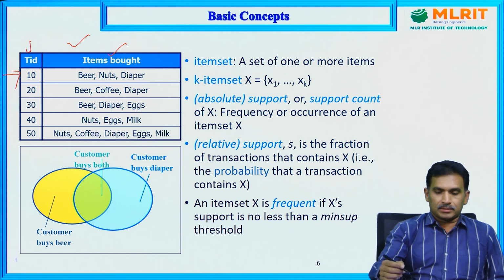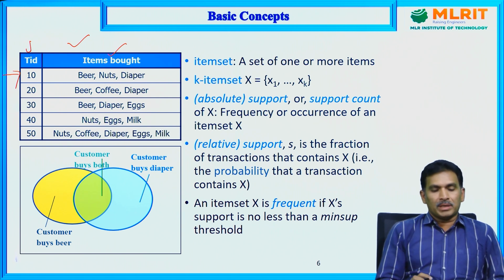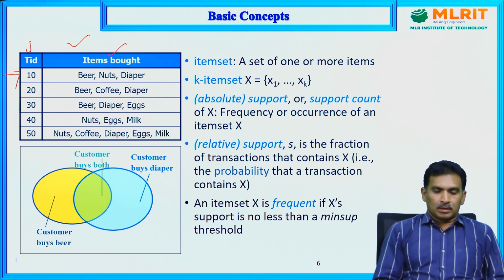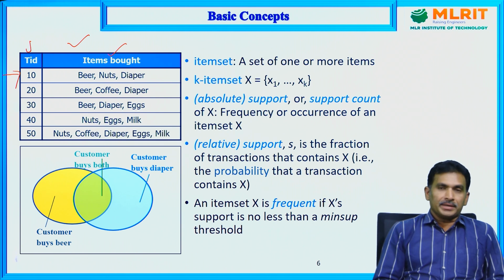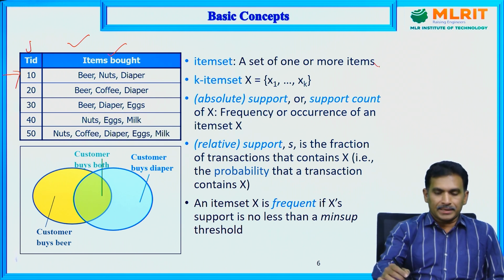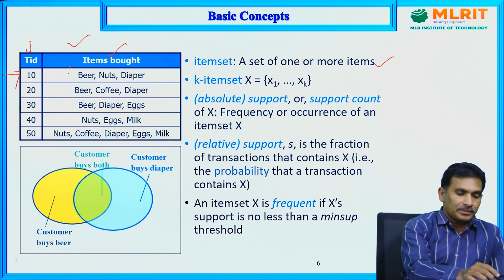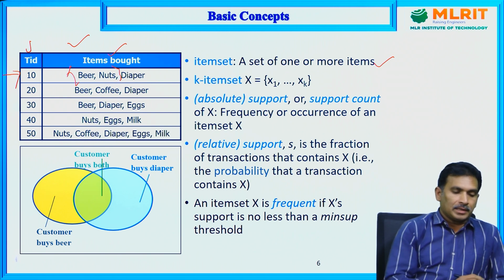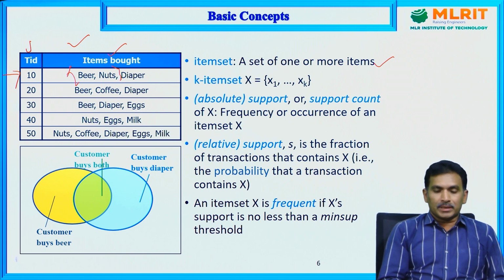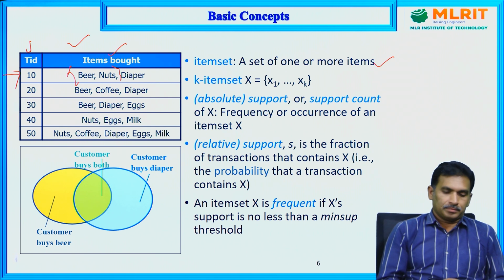First, let us understand what an item set is. A set of one or more items is called an item set. For example, beer and nuts would be considered an item set.